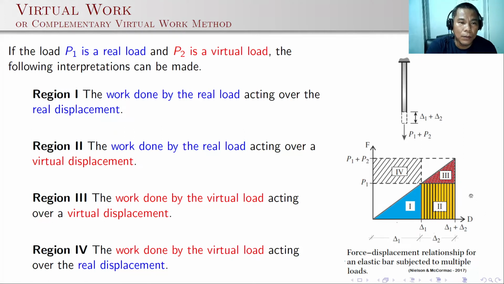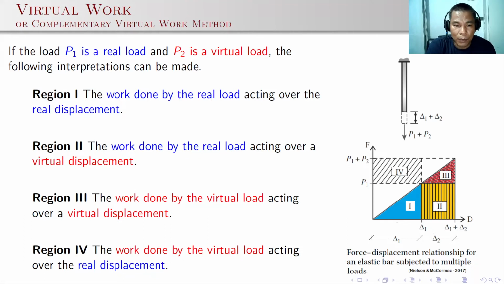If the load P1 is a real load and P2 is a virtual load, then the following interpretations can be made with this diagram. Region 1 is the work done by the real load P1 acting over the real displacement delta 1. Region 2 is the work done by the real load P1 acting over a virtual displacement delta 2.